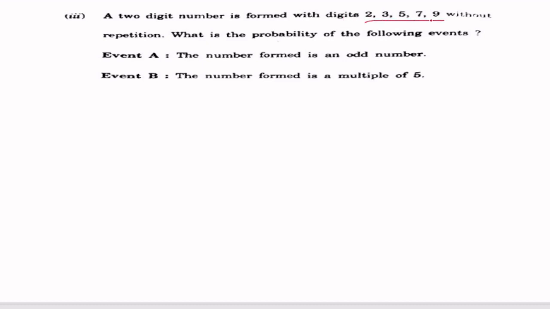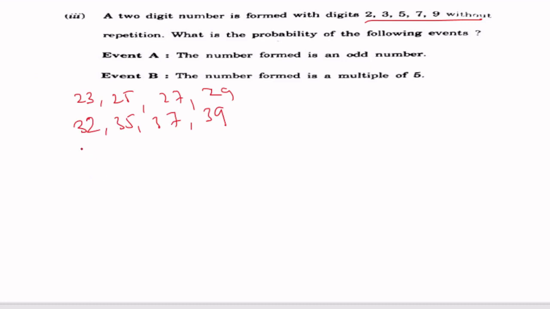Two-digit numbers using the digits 2, 3, 5, 7, 9 we have to find. So let's do that. First numbers: 23, 25, 27, 29. Similarly, 32, 35, 37, and 39.